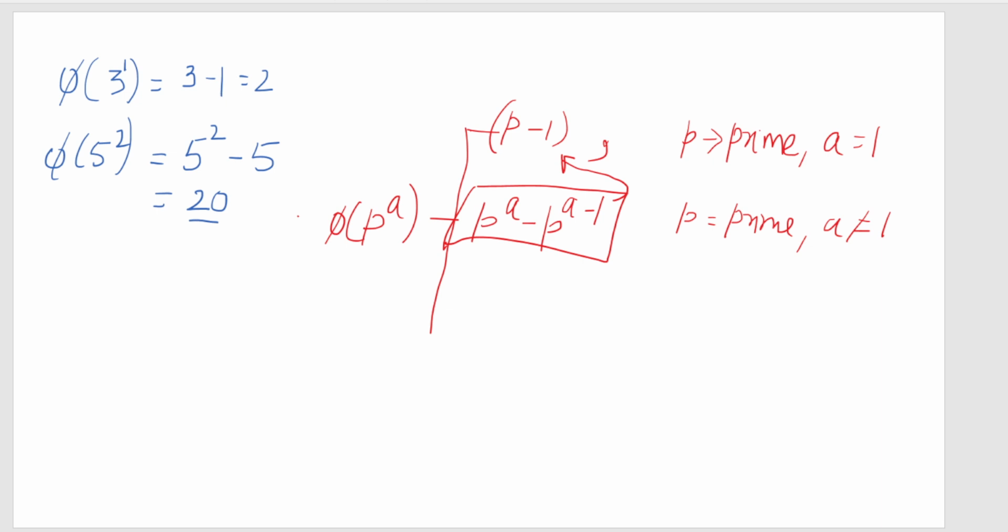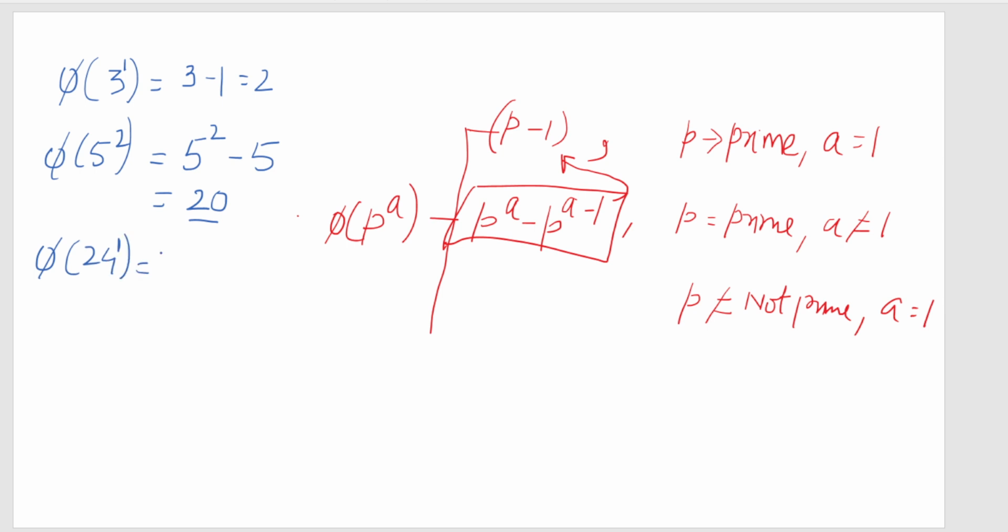Now the third case is, suppose p is not prime, but a is equal to 1. In that case, what will be the value? Suppose the value of phi is 24. Now this p is not prime but the value of a is 1.